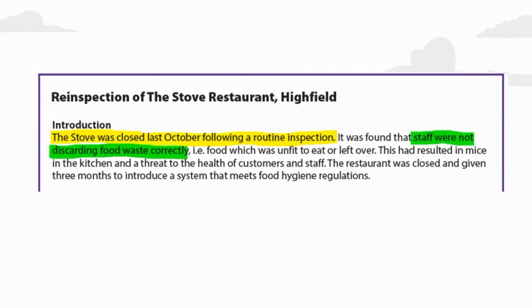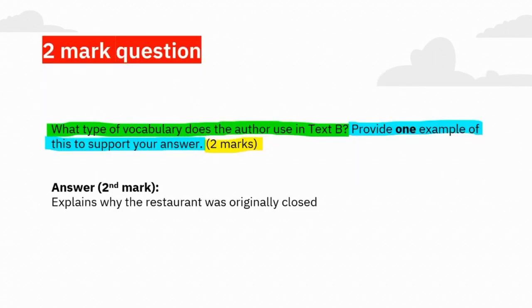It was found that staff were not discarding food waste correctly. The restaurant was closed. So I can see that it's explaining here why the restaurant was originally closed. So, to get my 2nd mark, I'm going to put explains why the restaurant was originally closed. My full answer will look like this, formal, and explains why the restaurant was closed. That is how you get your 2 marks.